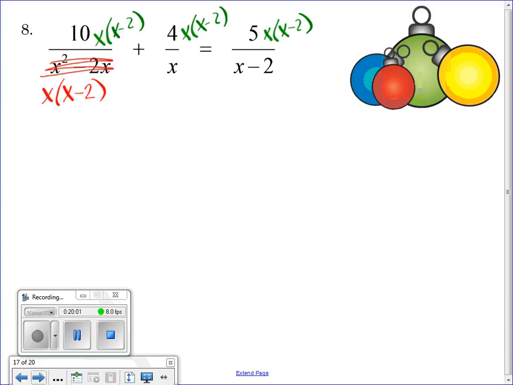Whatever works for you. So on the first one, cancel, cancel, 10. That made that look way nicer. On the next one, we can cancel the x's. Good. 4x minus 8 equals, cancel the x minus 2, 5x.